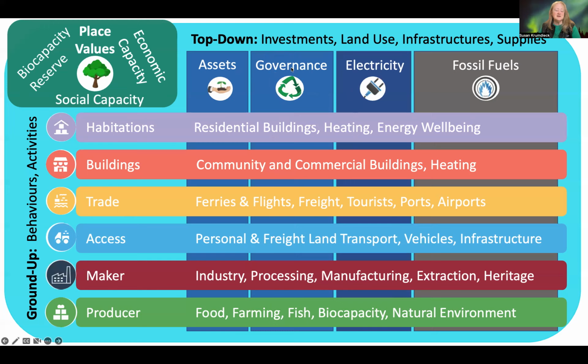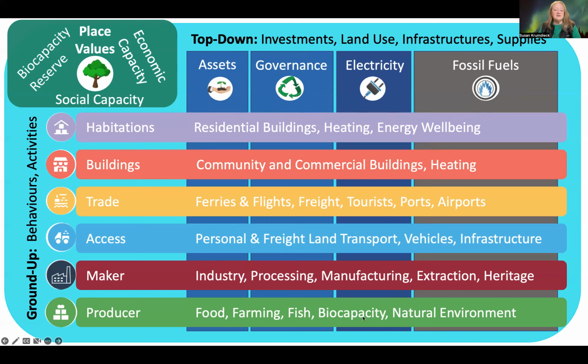So governance can be government, but also insurance, finance, even educational governance, that sort of thing. And then assets are our built environment, that is that access between things. So our sewer system, our water system, our transport systems.